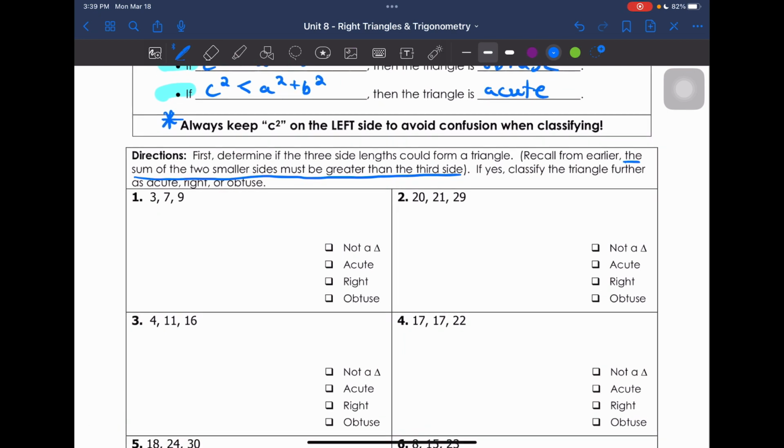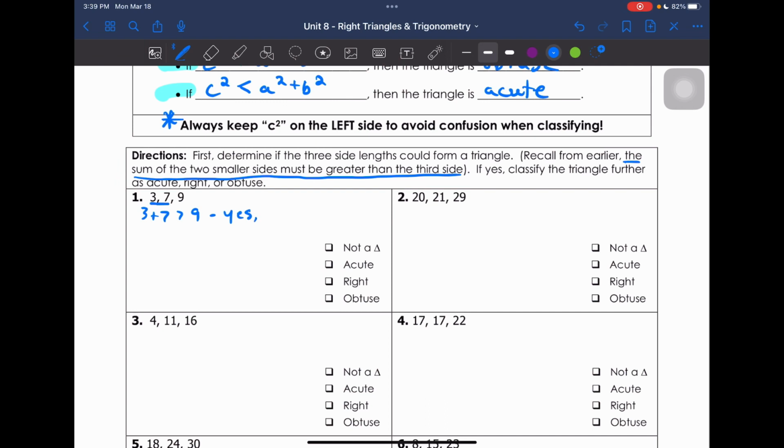So let's see if out of these three side lengths, we could actually make a triangle. In order to do that, the sum of the two smaller sides must be greater than the third side. So 3 plus 7, is that greater than 9? Well, 3 plus 7 is 10, and 10 is greater than 9.